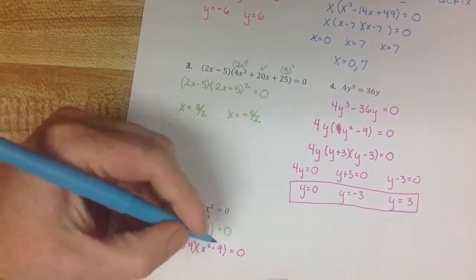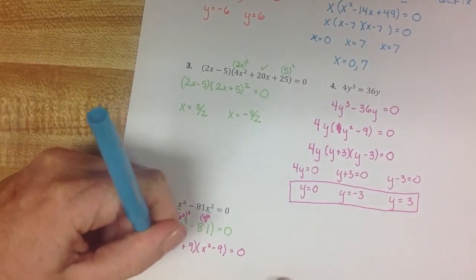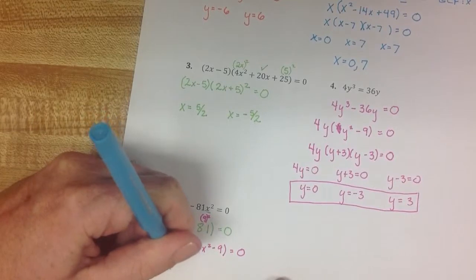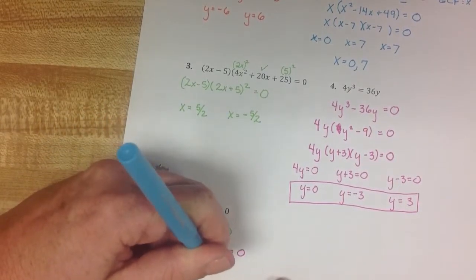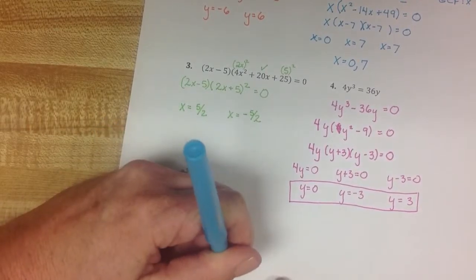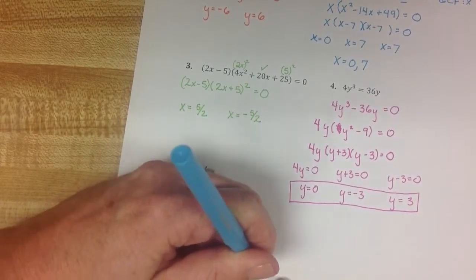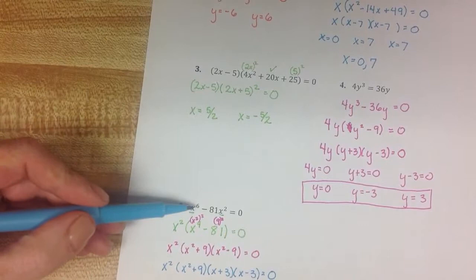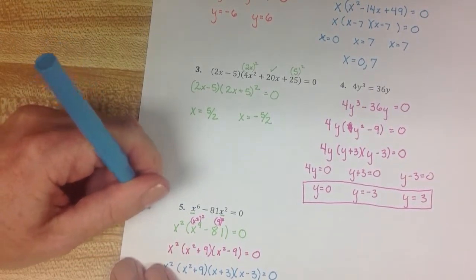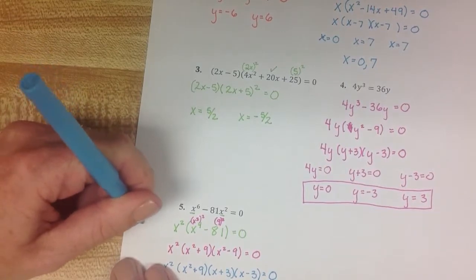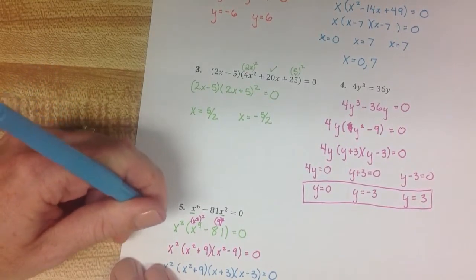So I'm going to factor it one more time into x squared plus 9, and then x plus 3 and x minus 3. So I started with a degree 6, which means that this could have up to 6 answers.